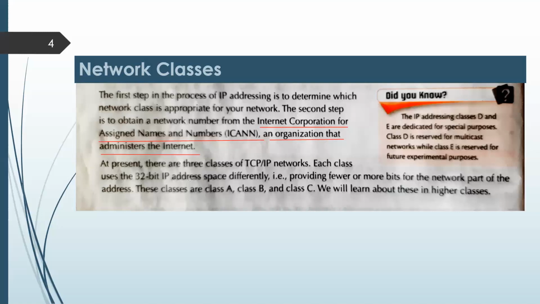So at present, three classes are used in a TCP/IP network, transmission control protocol and IP. Each class uses the 32-bit internet protocol address space differently, providing fewer or more bits for the network part of the address.